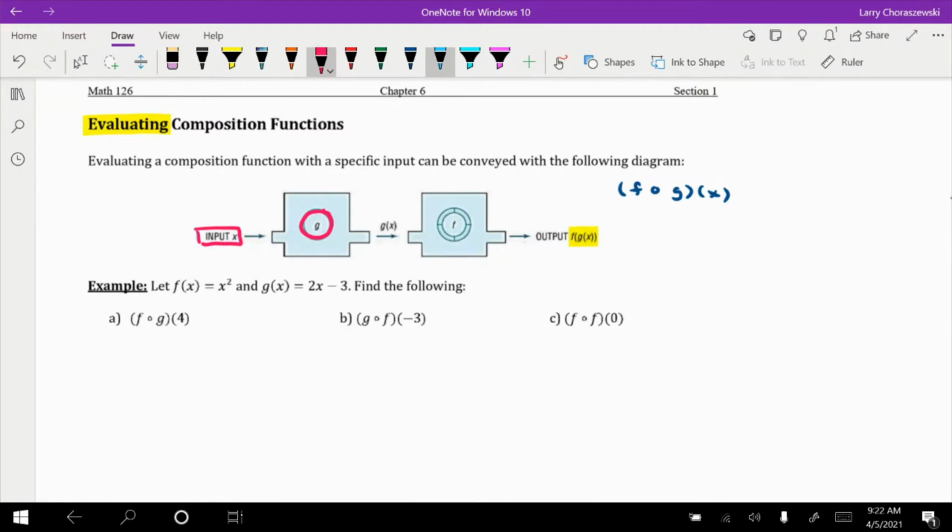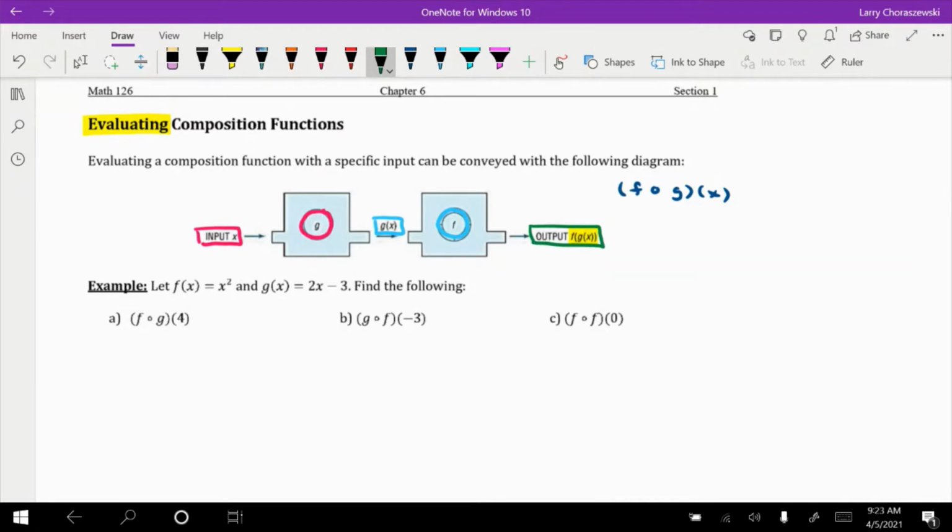Then you get an output from that. So g of x will be a specific number once you've plugged a specific value of x into it. That's not your final answer, but rather a stepping stone, in the sense that whatever comes out of your first function gets plugged into your second function. In this case, it would be f of x. And then you get your final official output.